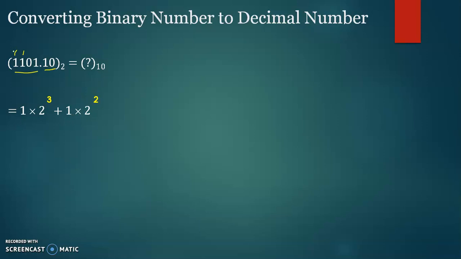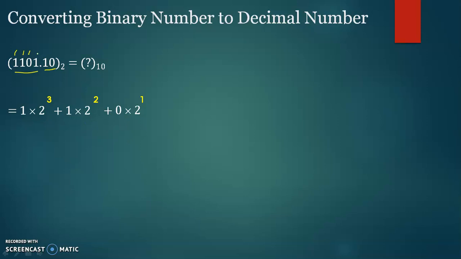So here the 3, then the 2. Next, this 0 will be multiplied by a 2 which has a power of 1. So this 0 is also used, and you can notice that between each multiplication I use the addition symbol because finally we have to add all the numbers we get.